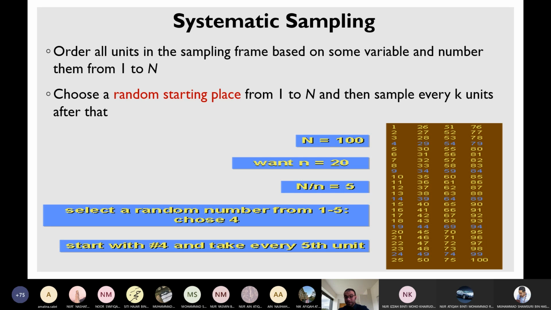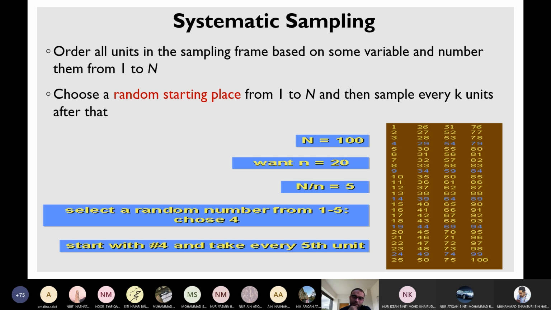The second example of probability sampling is systematic sampling. In systematic sampling, you order all the units in the sampling frame from 1 to N, where N refers to the total number. Choose any random starting place from 1 to N, then sample every k-th unit.